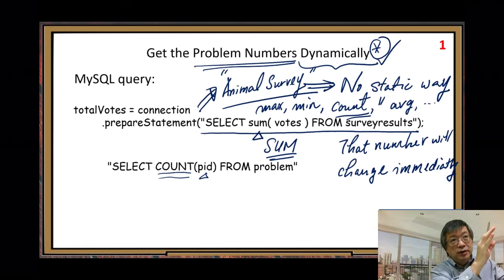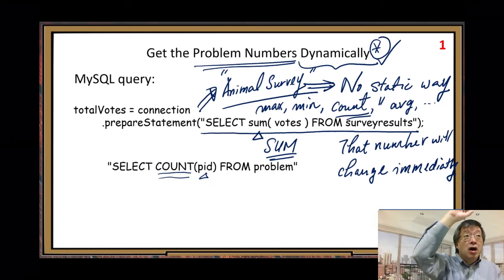When we count one ID, we count it as one. The ID number is not important. We just count the item. When one item is available, we count it as one. So for the total number of problems, we just look at the ID column, because we know the PID column won't be missing. It is always there.